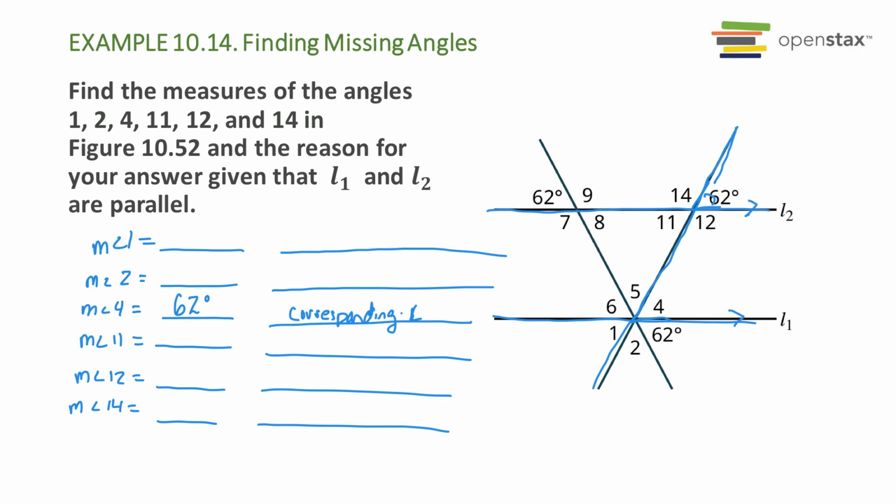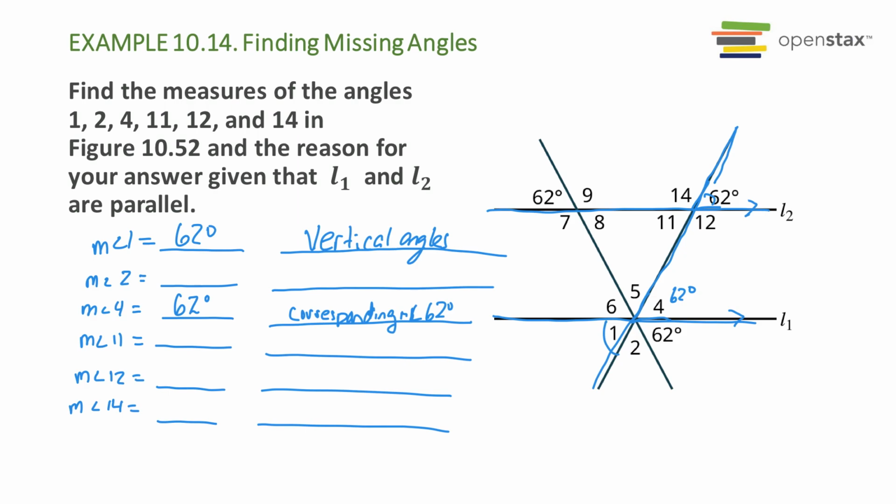Now we can find, we don't need 5, we need 1. Angle 1 is equal to angle 4 because they're vertical angles. So angle 1 is also 62 degrees thanks to vertical angles. It's vertical to angle 4.